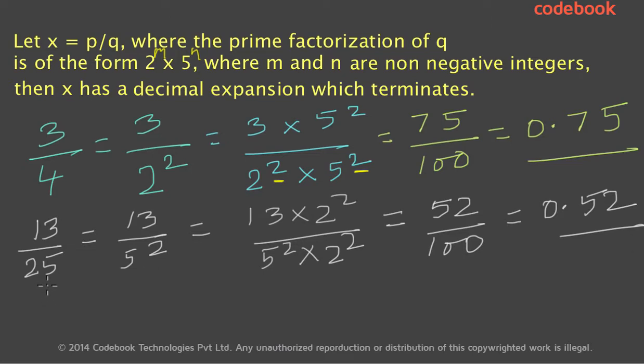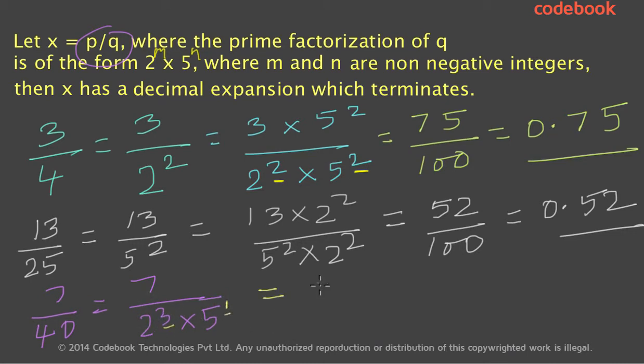Finally, let's look at another example. This time we will look at 7 by 40. So 7 by 40 is in the form of p by q, and now let's try to factorize q in the form of 2 power m times 5 power n. So 40 is nothing but 2 cube times 5, because 8 times 5 is 40. Observe this is in the form of 2 power m times 5 power n, where m is 3 and n is 1.